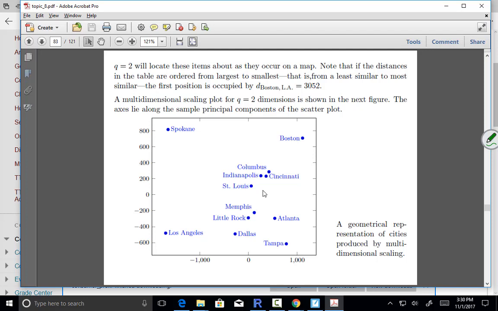There are some applications where this is a natural way to summarize your data. I will say it's not nearly as widely used or prominent as things like principal components and cluster analysis. But I want you to have at least seen it and heard of it. Multidimensional scaling, it's an ordination technique.